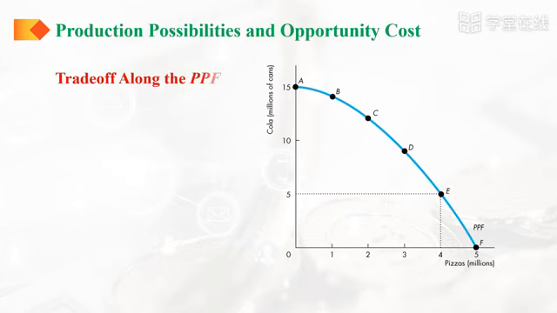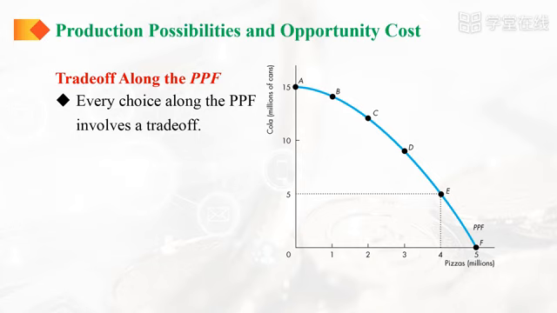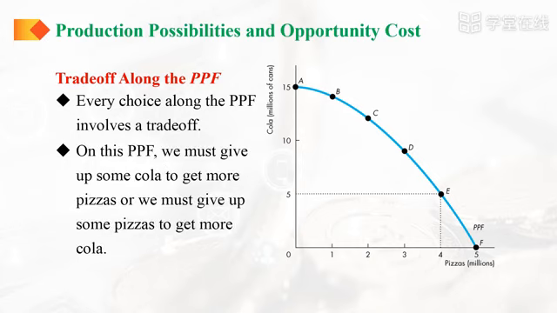Each choice along the PPF involves a trade-off. On this PPF, we must give up some cola to get more pizzas, or we must give up some pizza to get more cola. Trade-offs like that between cola and pizza arise in every imaginable real-world situation in which a choice must be made.